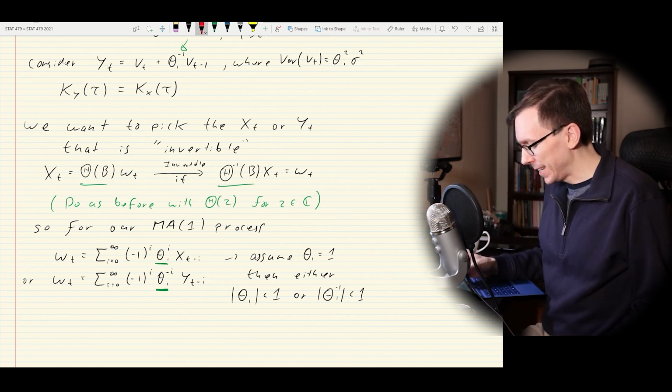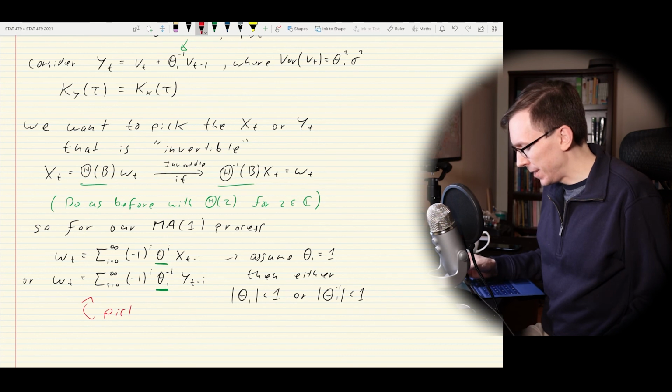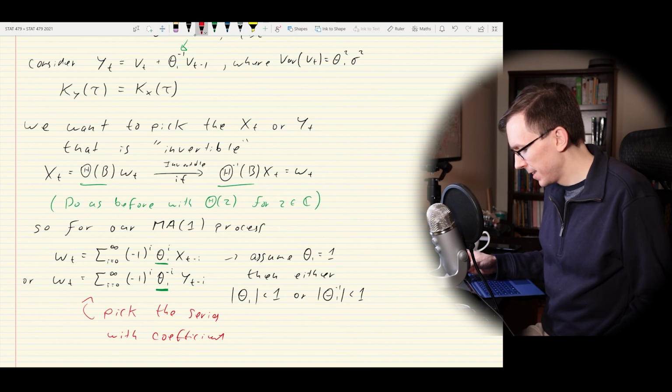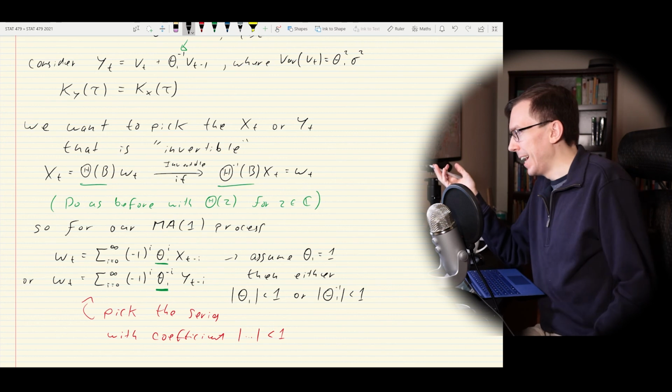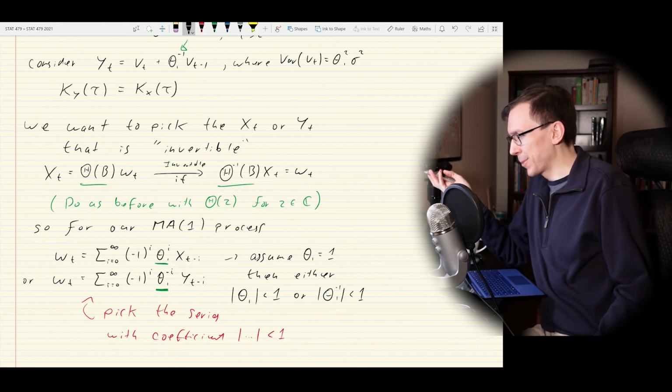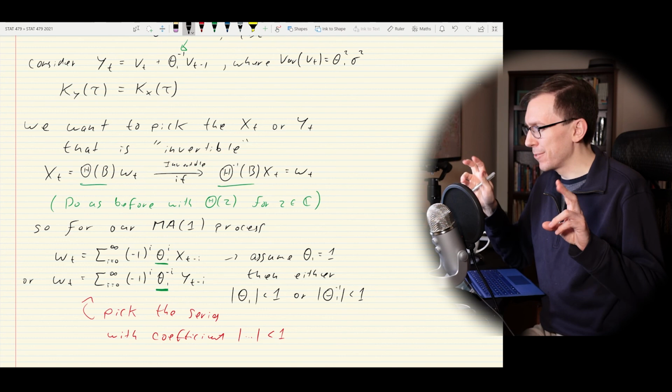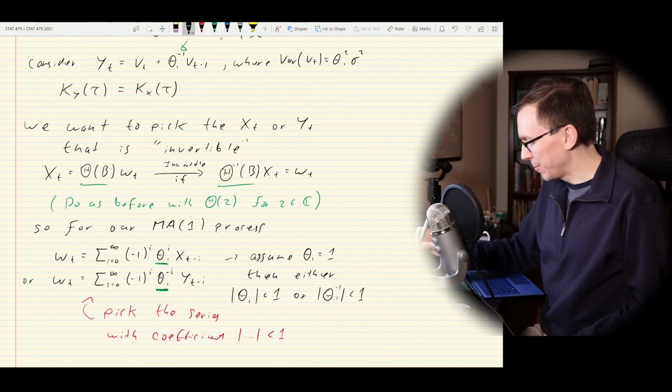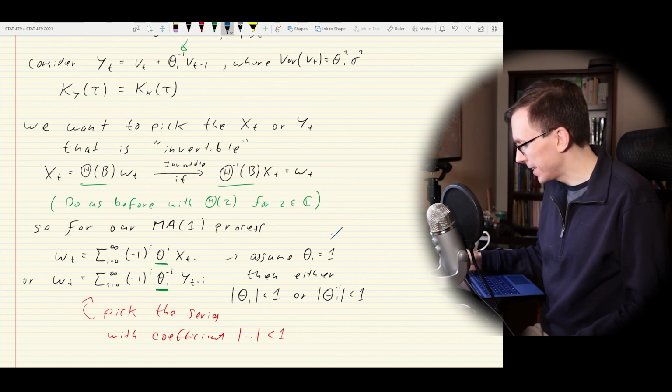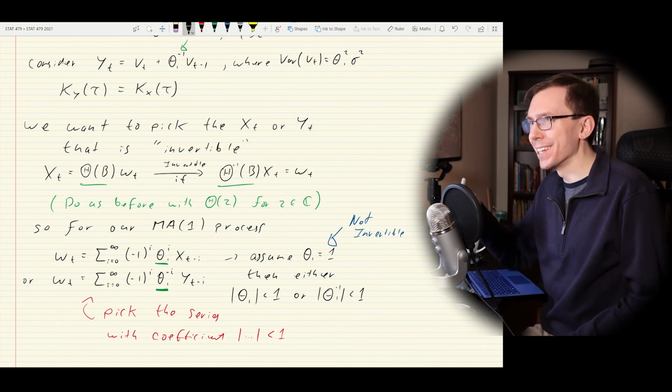So effectively, we pick the series with coefficient less than 1 in magnitude. And that's going to be the process that we're going to work with. That's going to be the invertible one. If we are in this special case where theta is equal to 1, this is not invertible.